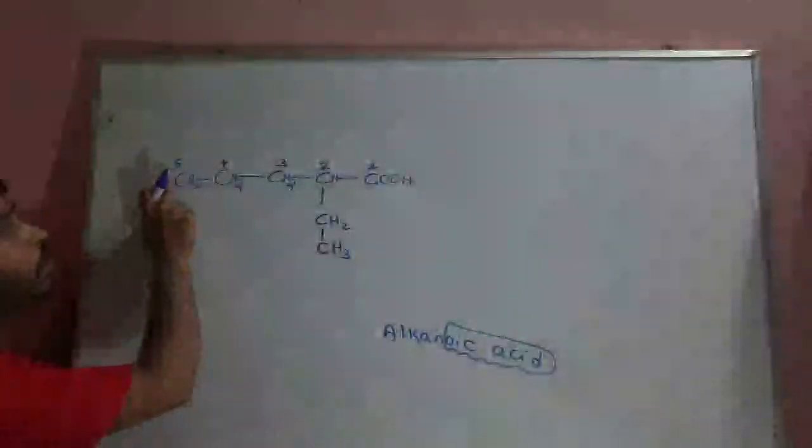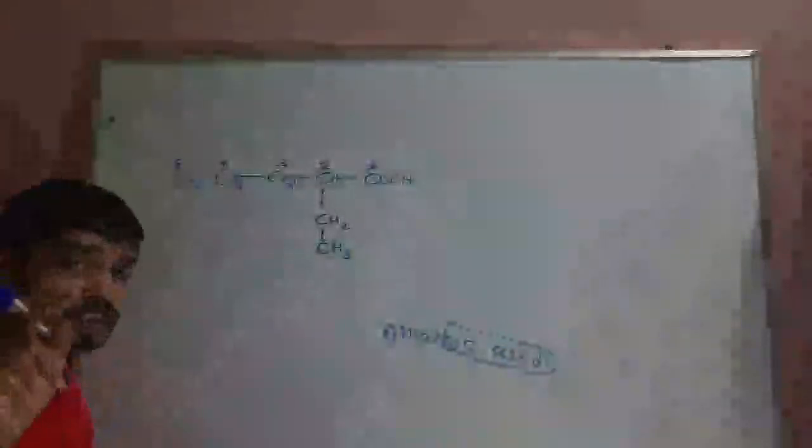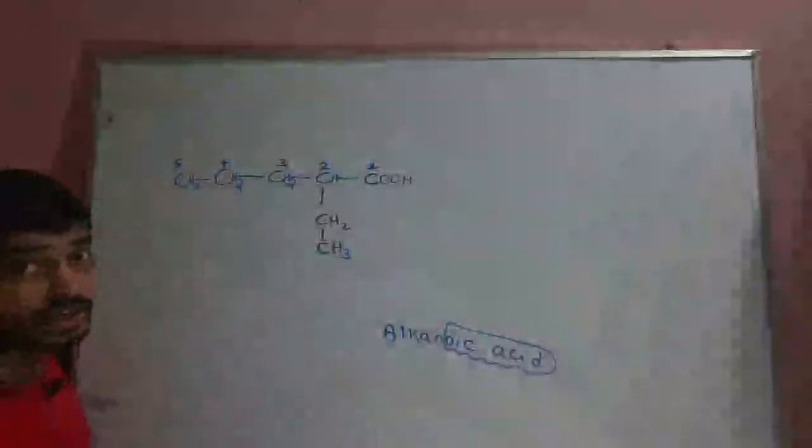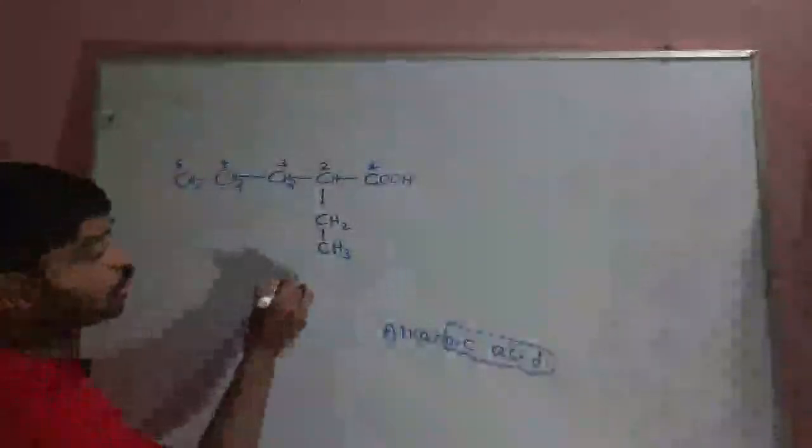If a carbon chain contains carboxylic acid, and there are 5 carbons, the name of the main chain will be pentanoic acid, because 5 carbon expresses the 5 carbons present in the longest carbon chain. So by IUPAC nomenclature for carboxylic acid, the name of the chain will be pentanoic acid.